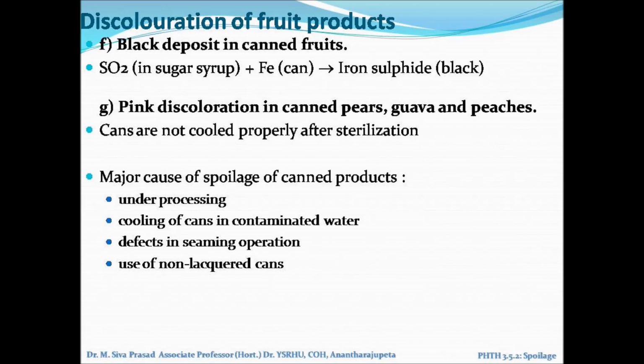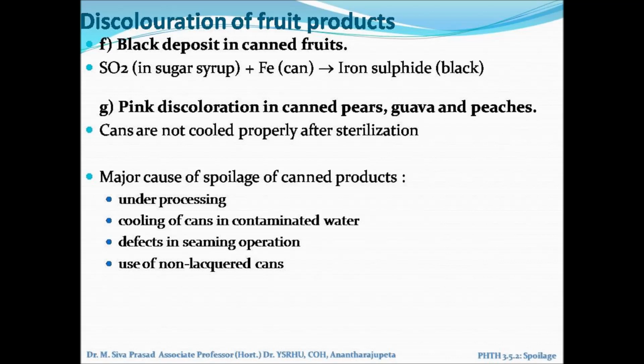Discoloration of the fruit products is also caused by the very sugar that is used in the preparation of the sugar syrup. This sugar syrup is used for filling of the cans in the fruits. When you use such sugar, which is sulfited, it produces sulfur dioxide.